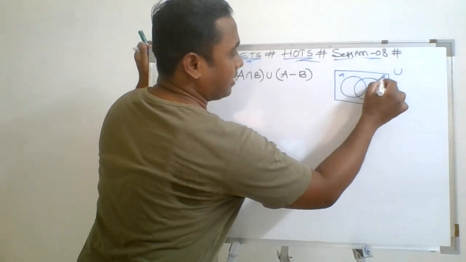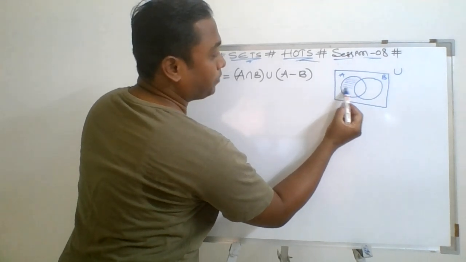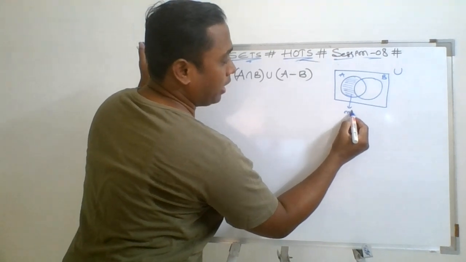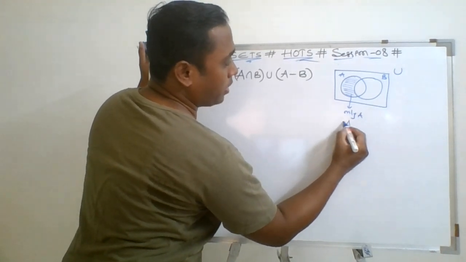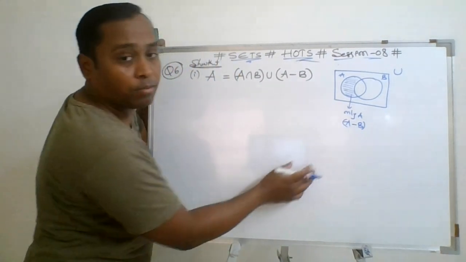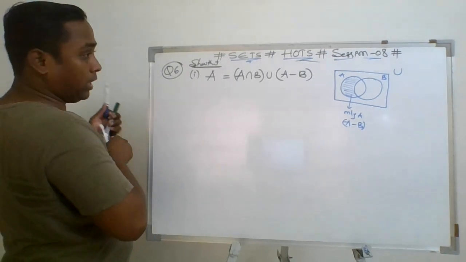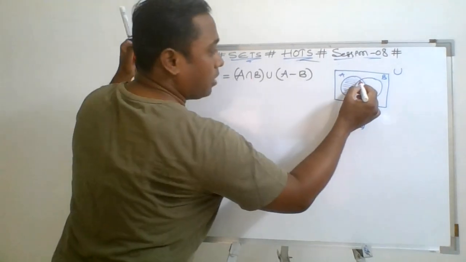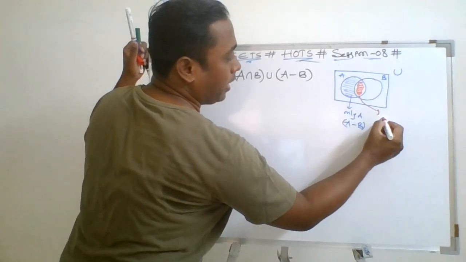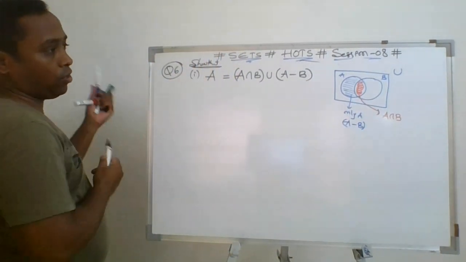This is set A and set B. This blue portion is basically representing only A, which is also termed as A minus B. And this common portion here, which I am shading with red color, is the A intersection B.